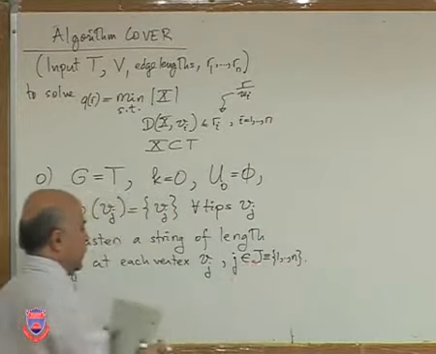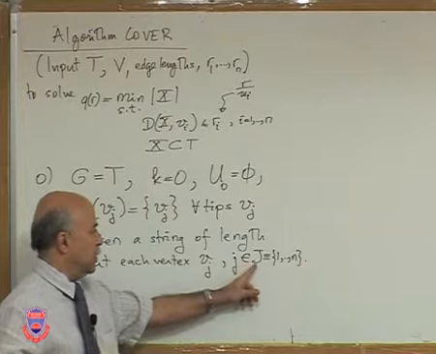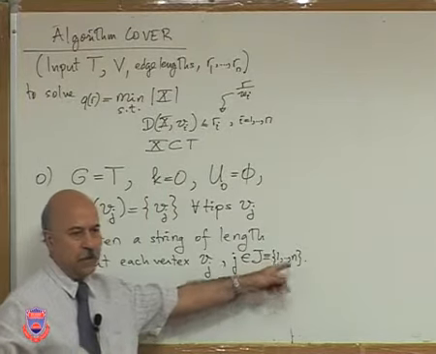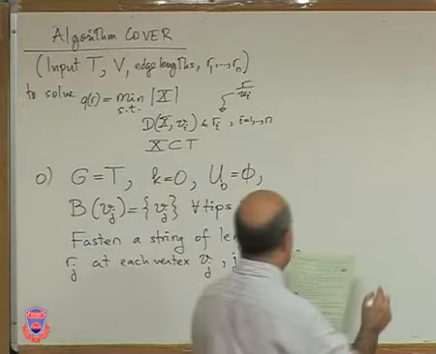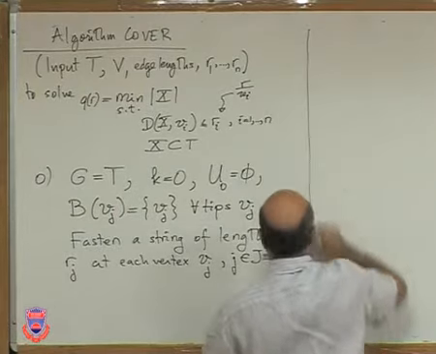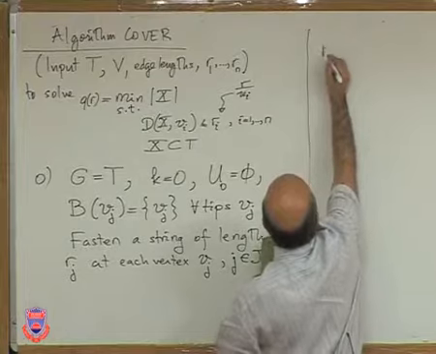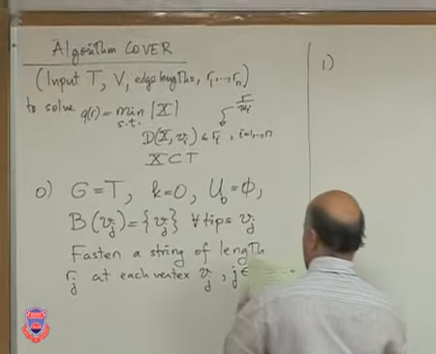And let me define the capital J to be the set of indices 1 up to n. Okay? So that's the initialization. And now we continue with steps 1, 2, 3, etc.